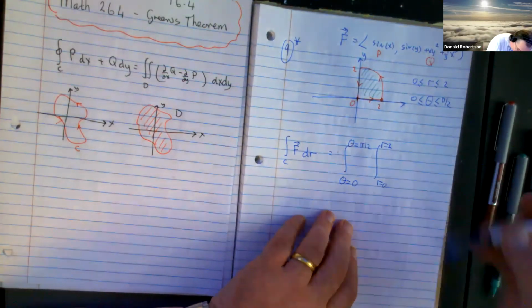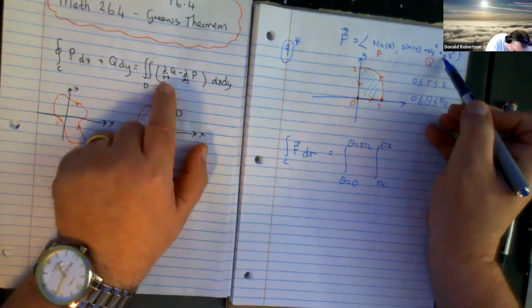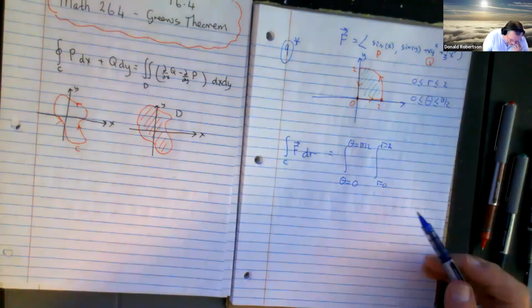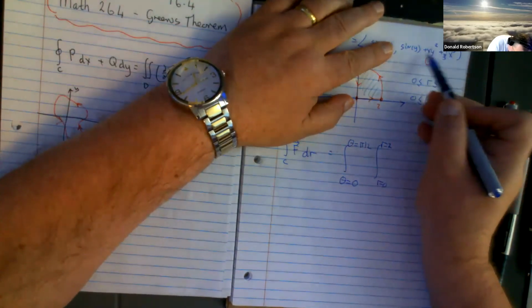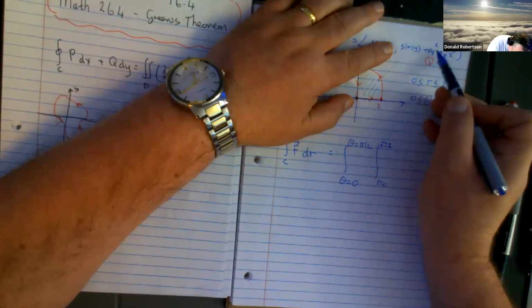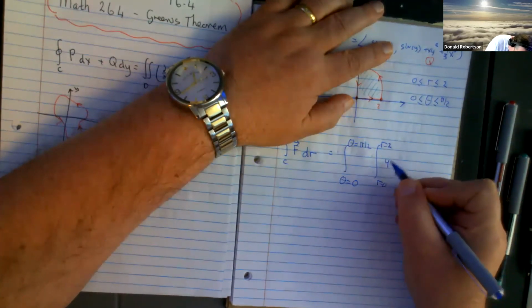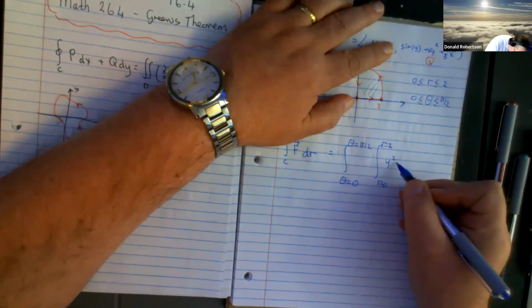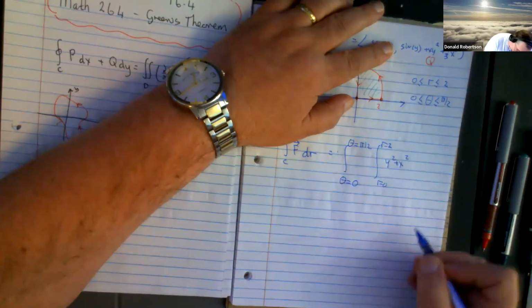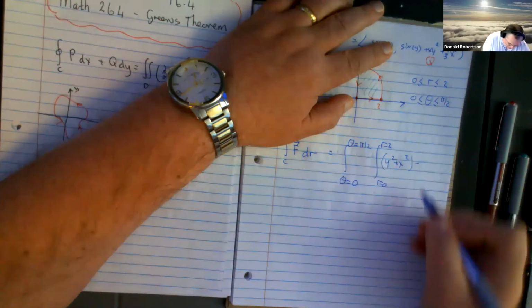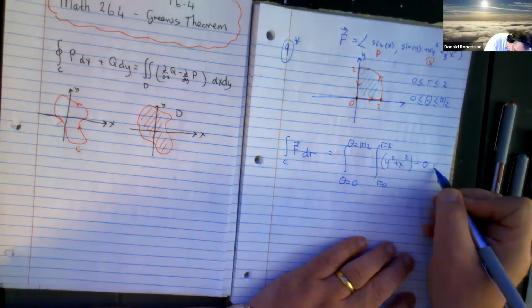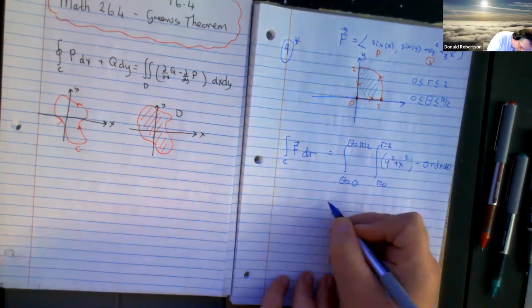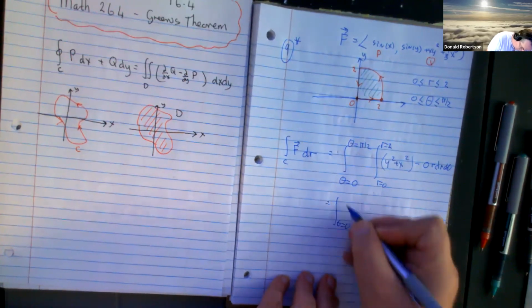And we are going to do this guy with respect to x and take away this guy with respect to y. Well, let's focus on this guy. If you differentiate this with respect to x, you get nothing from him. You get a y squared, and you get an x squared. That wasn't too bad. Take away, well, if you differentiate P with respect to y, you get a big fat 0. And it's going to be r dr d theta, which looks like it's going to come out really nicely.